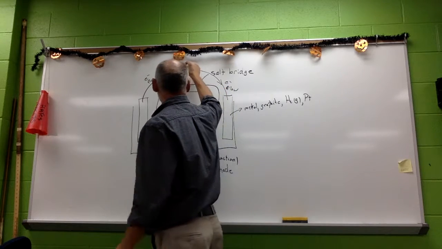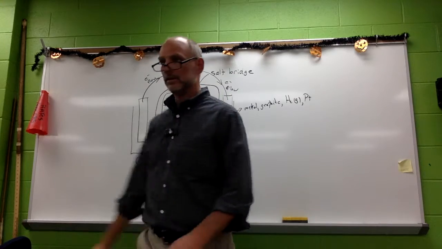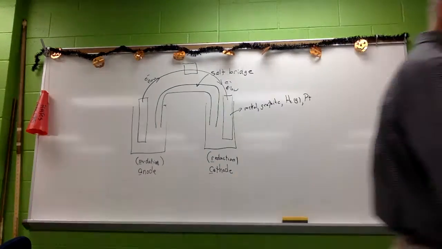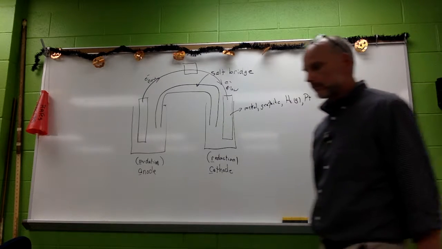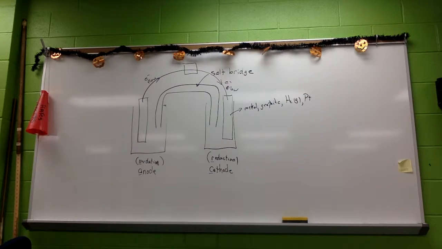Okay. Now, I think I had a little device drawn up here, or at least a little box. Listen carefully here: if this is a voltaic or galvanic cell, that's going to be a voltmeter to measure the potential difference between the two electrodes, or some sort of device.